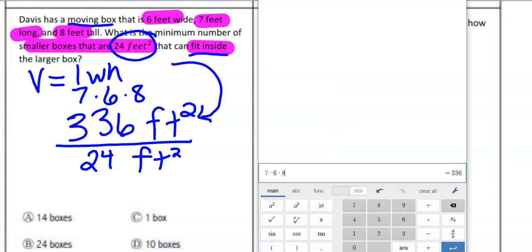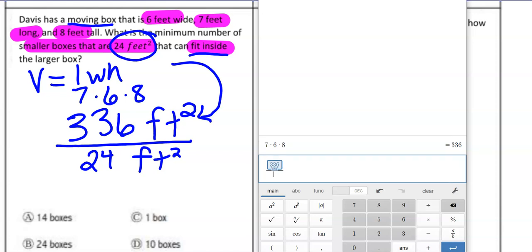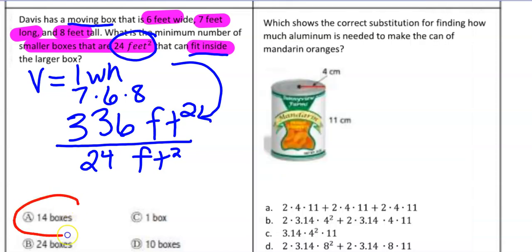So I'm going to go back to my calculator, take it to the next line, bring down my answer, and then divide that by 24. And if I do that, I get 14 boxes. And that is one of my choices. So the answer is A.